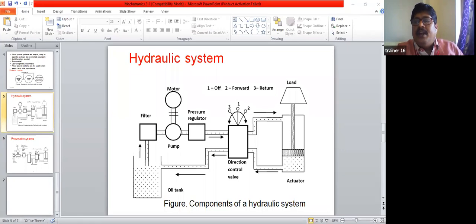Fluid means either a liquid or air or gas. Next, going on to agriculture, this fluid power. Fluid power means it may be either hydraulic or pneumatic. Fluid means liquid or gas.